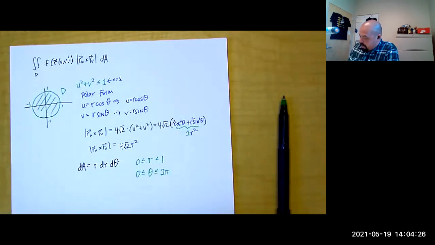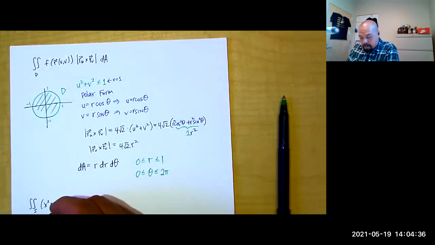So then our integral, going back to the earlier problem, the integral over S of x squared plus y squared dS, right, where our r of u, v is u, v, u squared minus v squared.